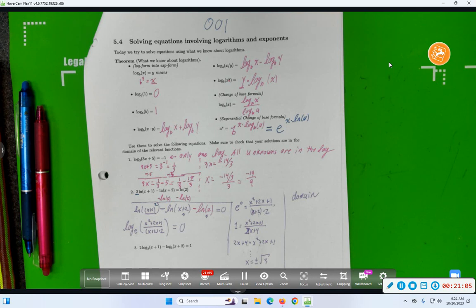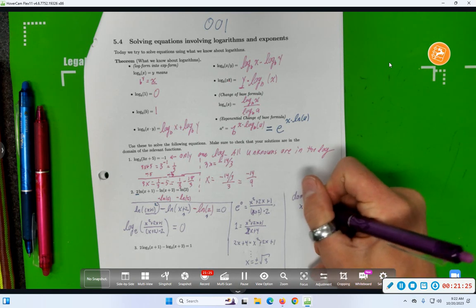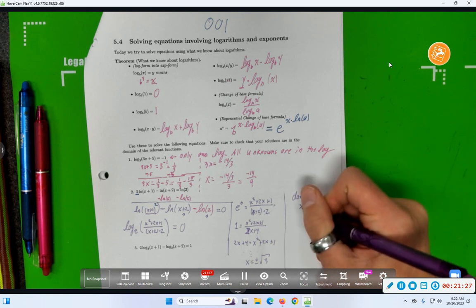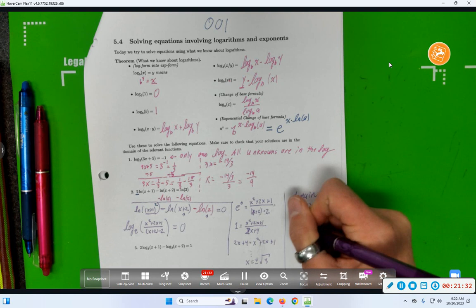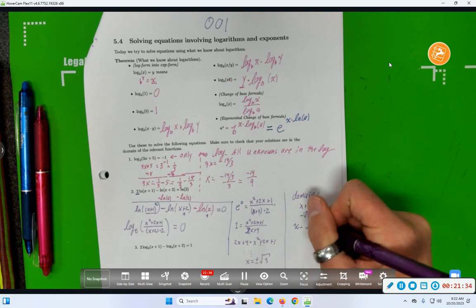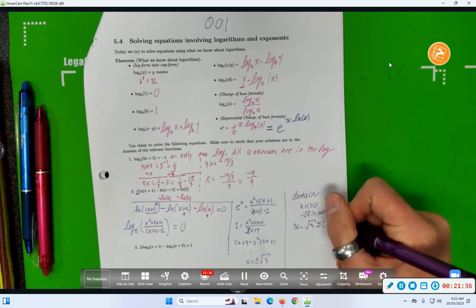If I take negative 1.73 and add 1 to it, is that positive? No, because it would be negative 0.73. So the negative one doesn't count. If I add 2 to each of those, would they be positive? Yes, but it needs to be in the domain of both. So I need x plus 1 to be bigger than 0. So negative root 3 is out. So the solution is x equals square root of 3, or as you said, 1.73-ish.